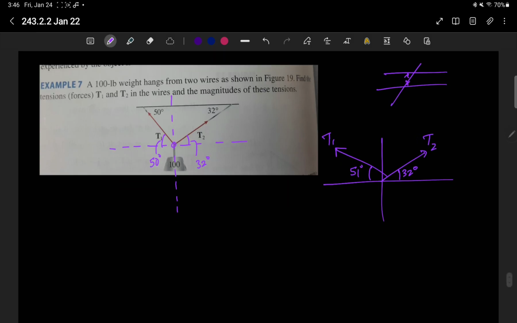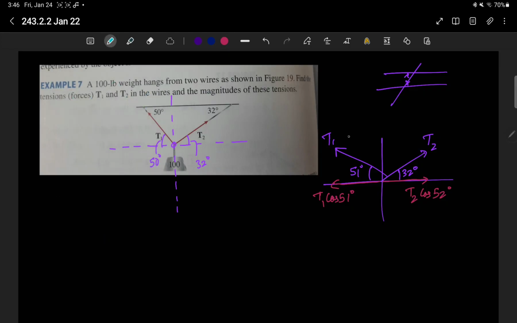Okay, so what we have in this figure, if I redraw it here, is one vector pointing at 32 degrees, another vector pointing at 51 degrees, and we do not know their values. So what we do is we find the x component for both of these. So this will be t1 cosine 51 and this will be t2 cosine 32.